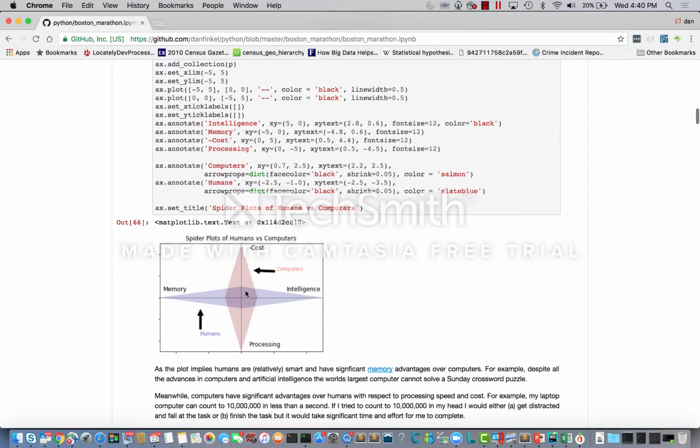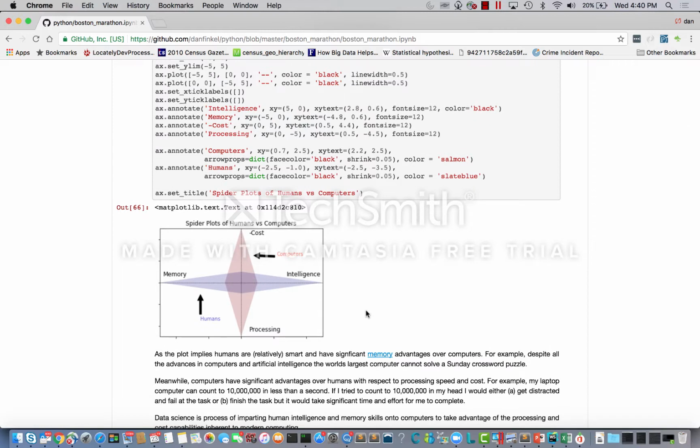But all it does is it draws the plot shown here, in which we're comparing the relative strengths and weaknesses of humans to computers in the space of analytic processing and thought. There are 4 axes shown here. Intelligence, memory, processing, and negative cost, just so we're consistent, not positive cost, but the opposite of that.